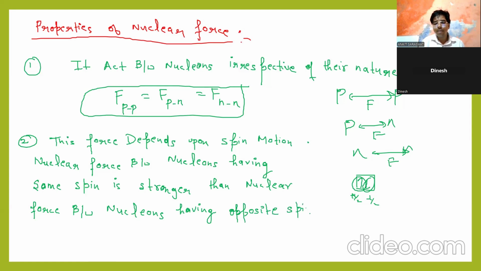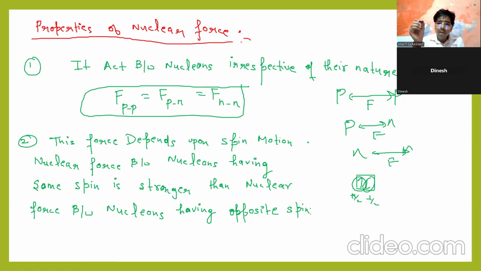Clear? Meaning is, if two nucleons have the same spin, for example proton and proton with the same spin, plus half, plus half, then the nuclear force is very, very strong in that condition. Spinning means rotating on its axis: plus half means clockwise, minus half means anti-clockwise, like an electron.